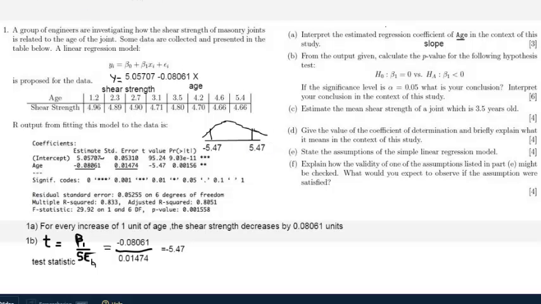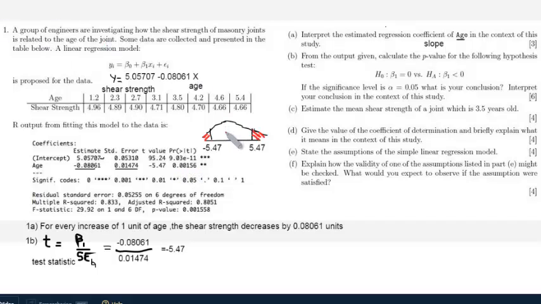It is saying the probability that t is less than negative 5.47 and greater than 5.47. This is the area.